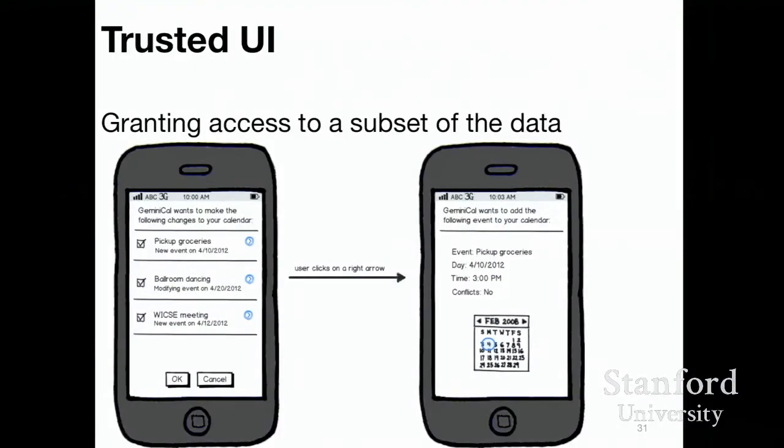Another advantage of using trusted UI components is then granting subsets of the data. So you can have choosers. For instance, in this picture, we have maybe a calendar widget. An application wants to add something to the user's calendar. A chooser comes up. Now, it's not a binary choice. The user can make adjustments before the data is accessed by the system.